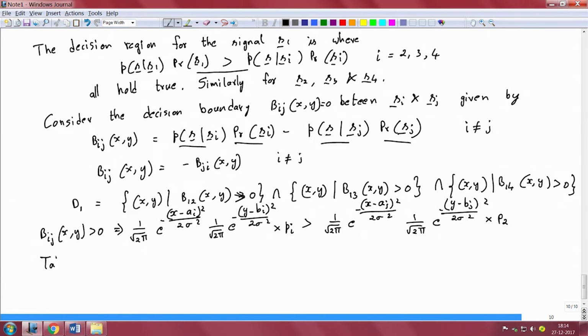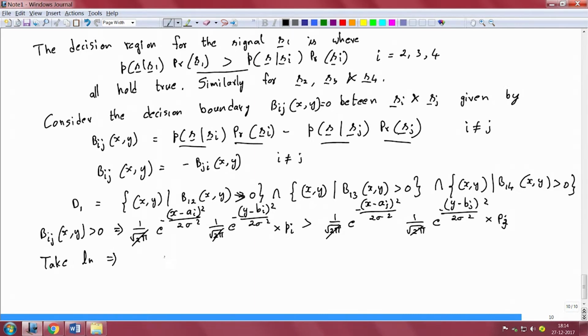So, take log on both sides. What we get is that these terms cancel out, and p_j appears instead of p_2.